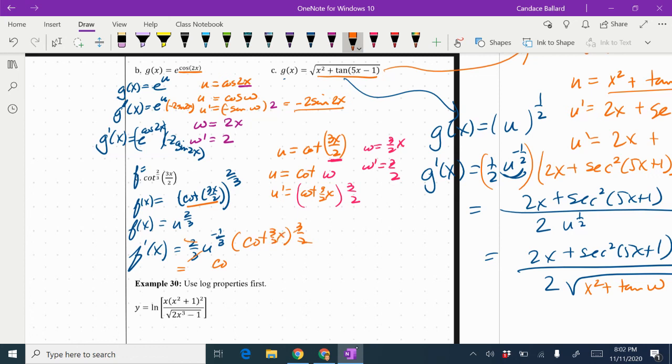And then I've got cotangent of 3/2 x over u to the 1/3 power, and then I want to substitute in the u to the 1/3 power, which is going to be, instead of u, I'm going to write cotangent of 3x over 2 to the 1/3 power.